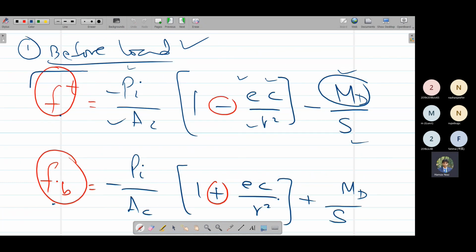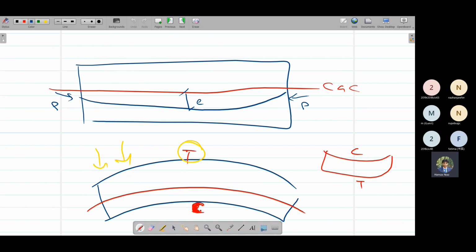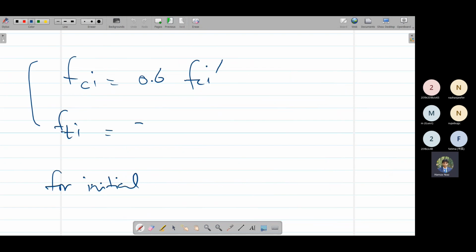Before application of load, these stresses should not be more than 0.4 times FCI and 3 under root FCI. These are before application of load.